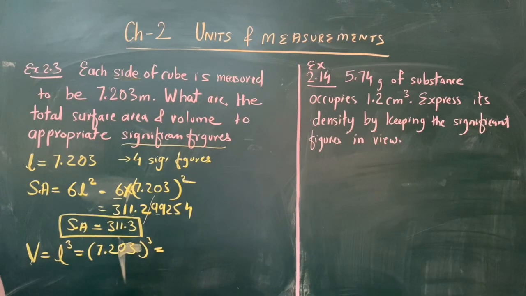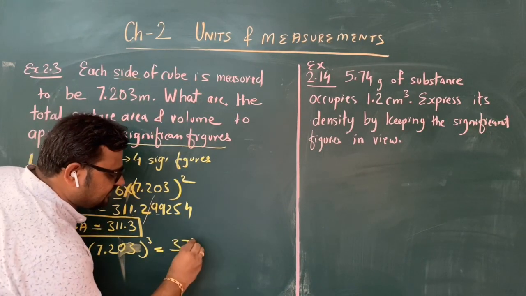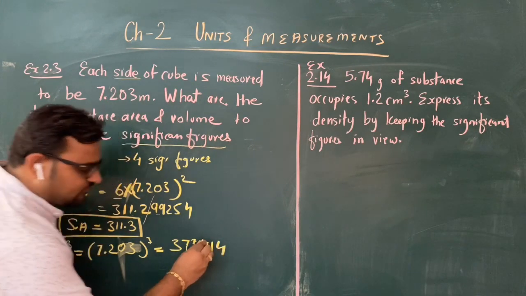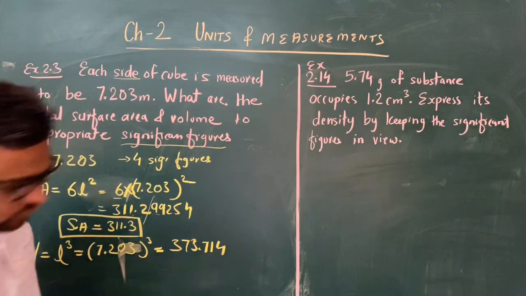Okay, so 7.203 into 7.203 into 7.203. I got 373.7147544.